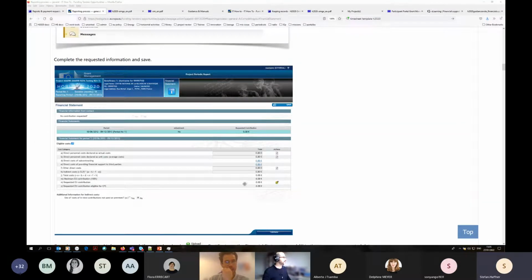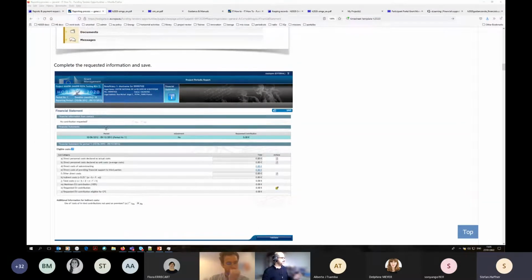Yes. Good. So this is the reporting module, okay? So basically when you put in your financial statement, you will have to enter here the numbers and the cost claims that you have. And here you will see that out of that, the total costs will come, and this will be an automated calculation.